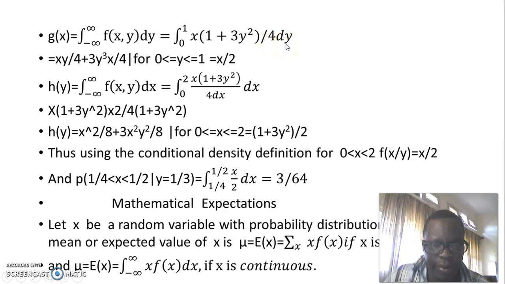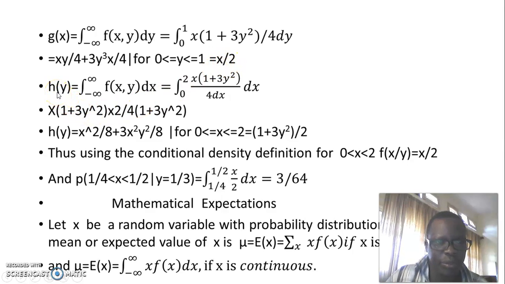We integrate with respect to y over the interval where y is 0 to y equals 1. Here we shall have xy over 4 plus 3y squared x over 4 for the interval of y between 0 and 1. So this is going to be x over 2.